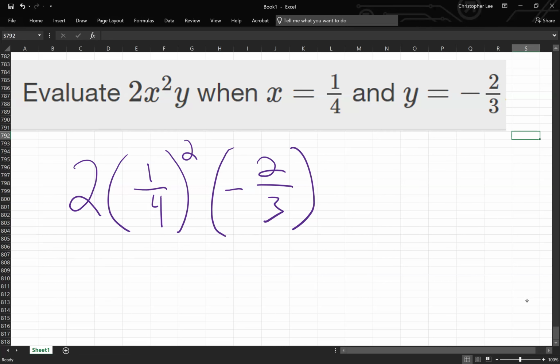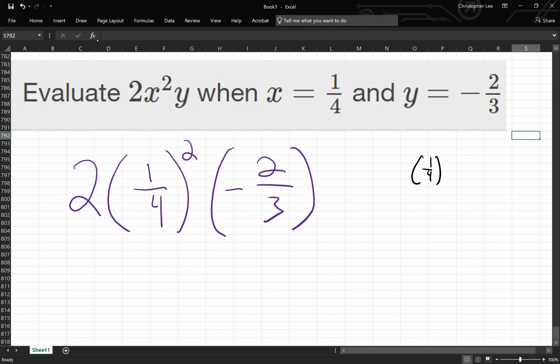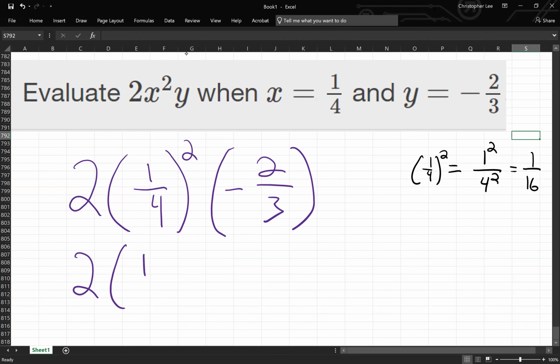So this is going to be what? First, remember, we always do exponents first, right? So I'm going to do 1 over 4 squared. Let me do it on the side so you can see what's going to happen. When I say 1 over 4 squared, it's the same as saying 1 squared over 4 squared, right? So this becomes what? 1 over 16. That's all that is. So now I have 2 times 1 over 16 times negative 2 over 3.